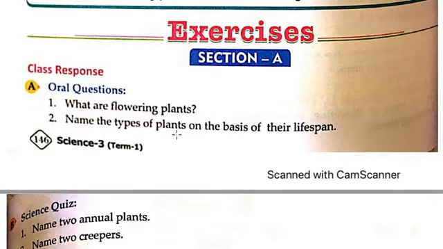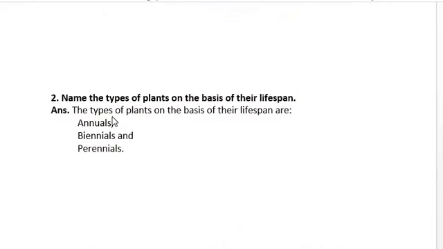Name the types of plants on the basis of their lifespan. Who can tell me? The types of plants on the basis of their lifespan are annuals, biennials, and perennials.